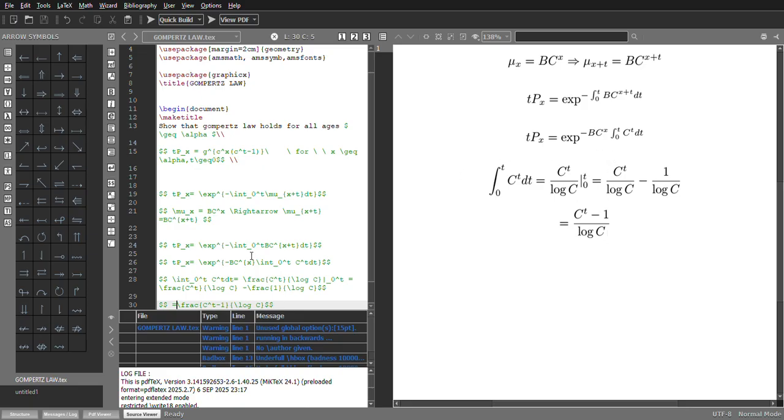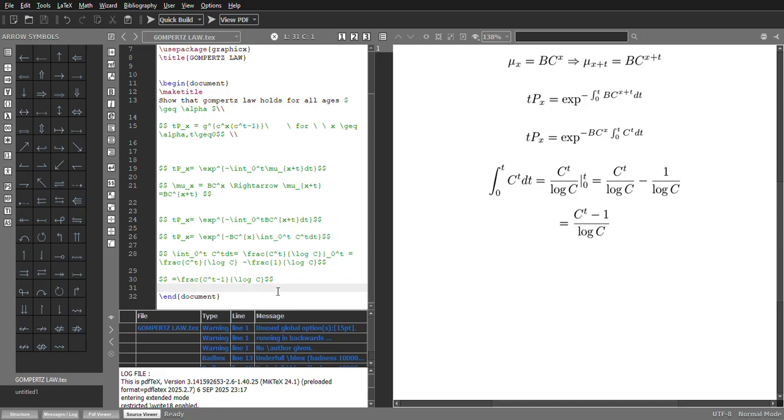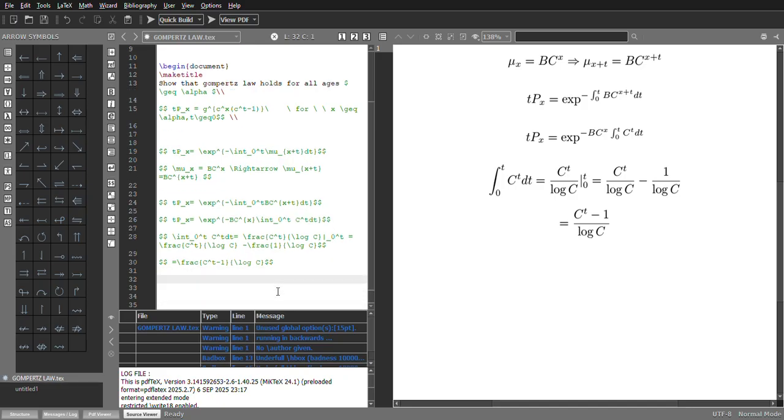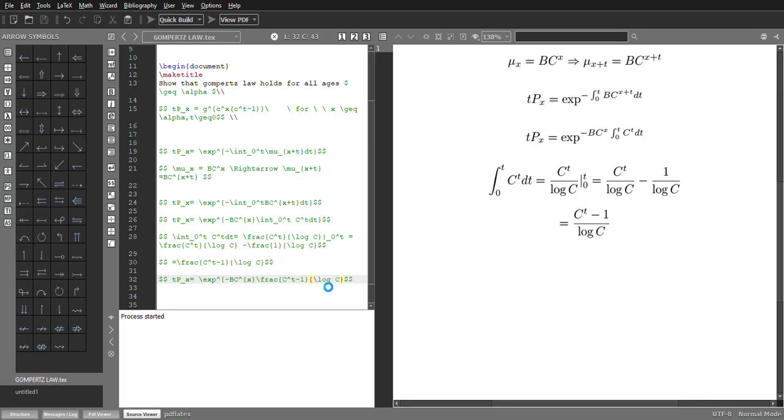What we do is copy B, then we replace this integral part by this copy, so we replace it back.